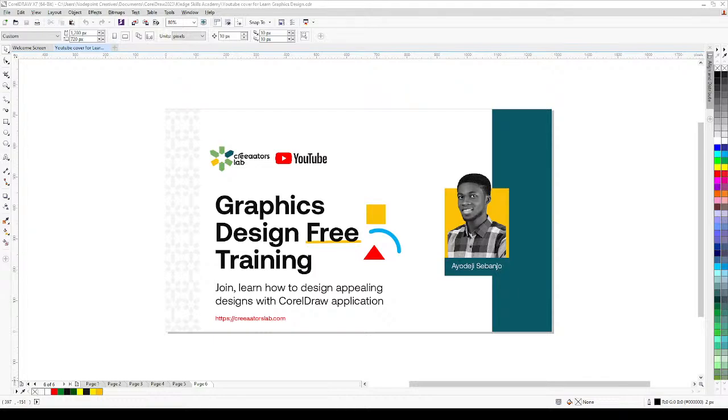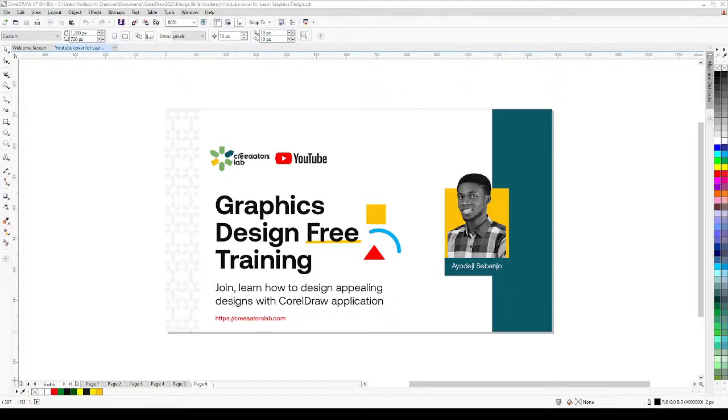Now, when we are looking at the things that make up graphic design, we also need to understand that because it is a discipline, there are principles that guard it. There are principles that guard the operation of designing, and we'll be looking at those principles.